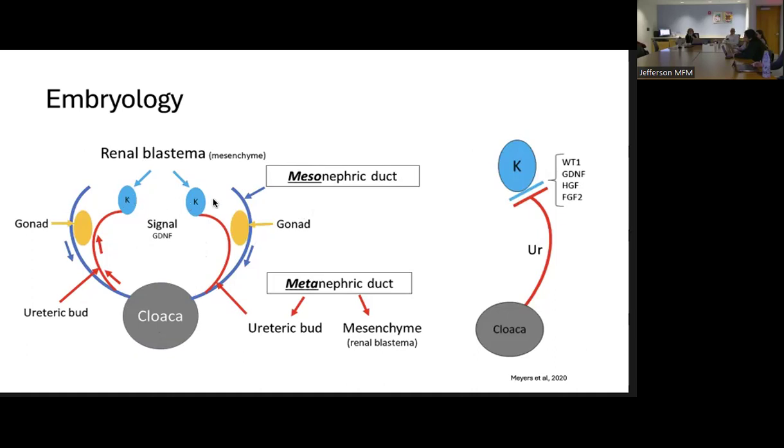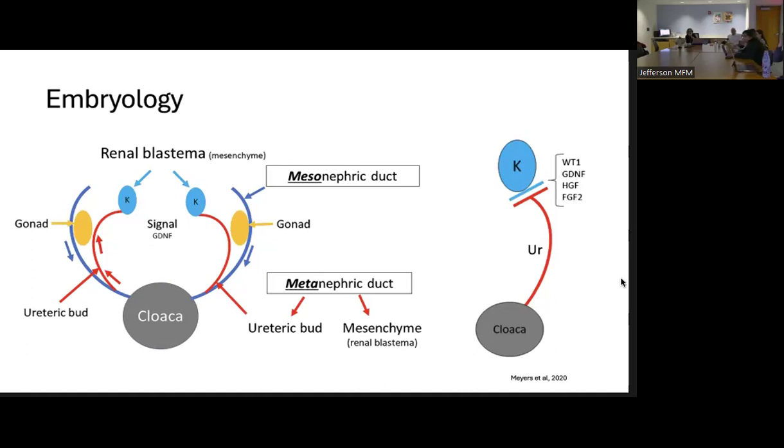This eventually gives rise to the renal collecting system. The connection of these two structures triggers the release of signaling substances or growth factors called GDNF. There are a number of these growth factors, and essentially they induce the branching and proliferation of renal tubules.